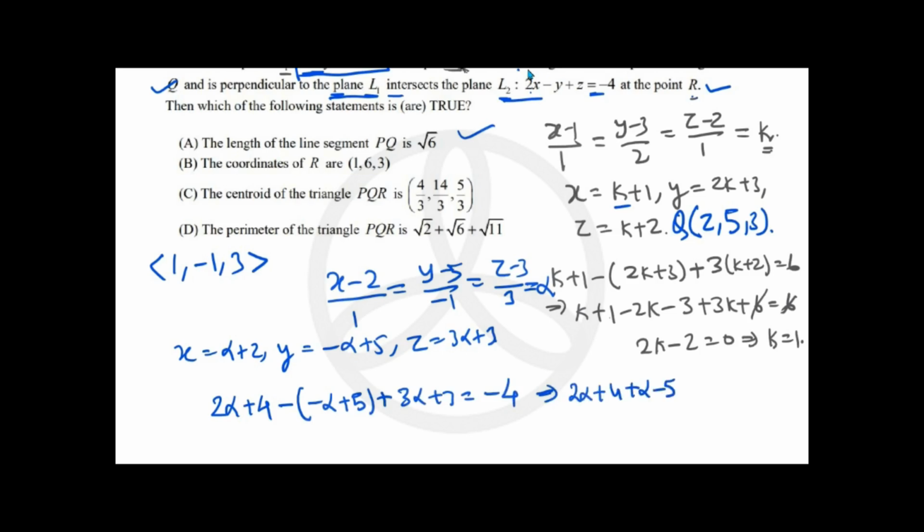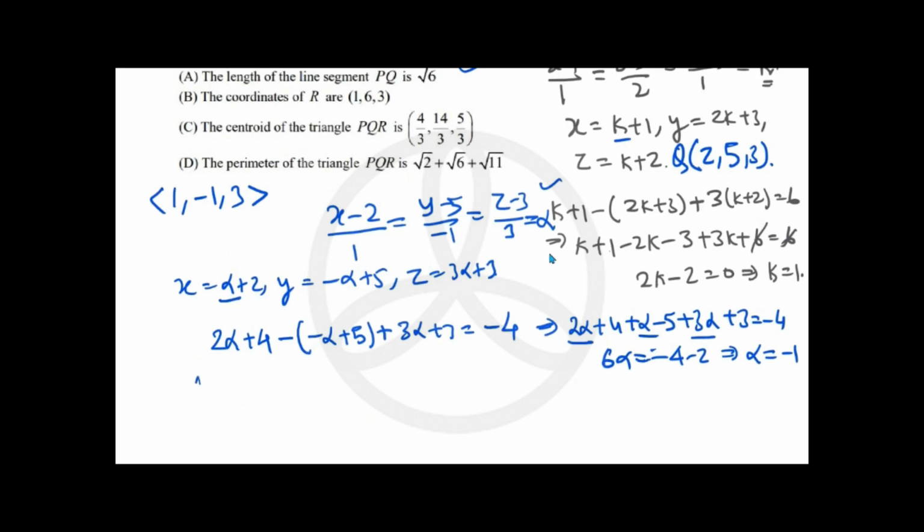This gives alpha is equal to minus 1. So point R will be minus 1 plus 2, which is 1, minus (minus 1) plus 5, which is 6, and 0. So we have 3 points: P (1, 3, 2), Q (2, 5, 3), and R (1, 6, 0).